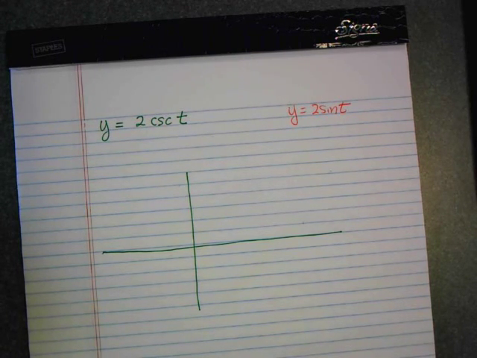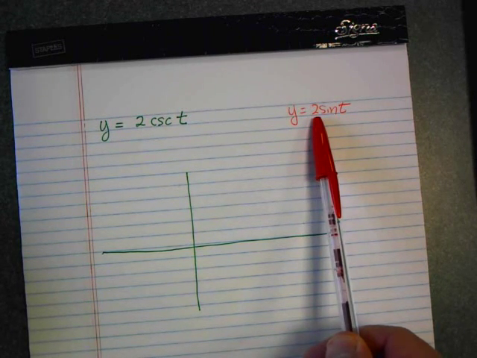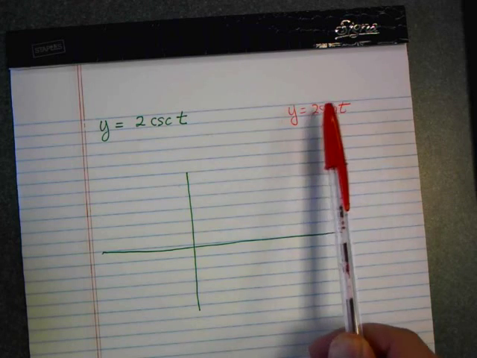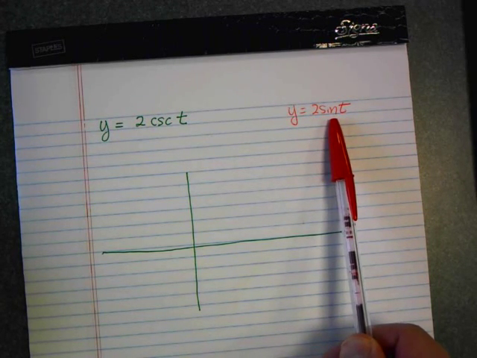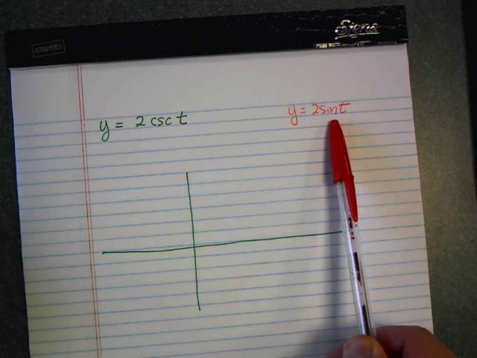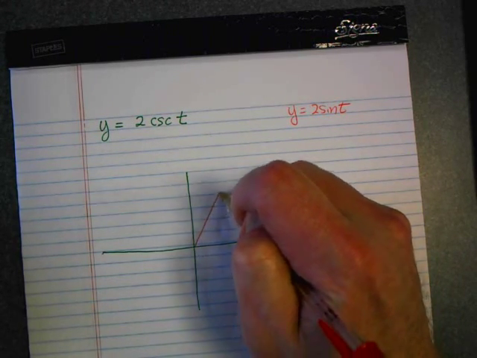What does this 2 change? The 2 outside like this changes the amplitude. So its period is still going to be 2 pi. This sine wave is going to look like so.